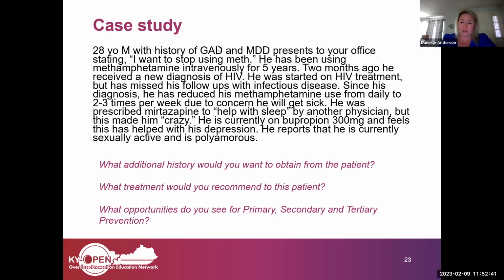It's the IM naltrexone is actually Vivitrol, so that might be a possibility. Mirtazapine has been shown to have a modest benefit in reducing cravings, but for this patient, it's possible we could add the intramuscular naltrexone and use that.